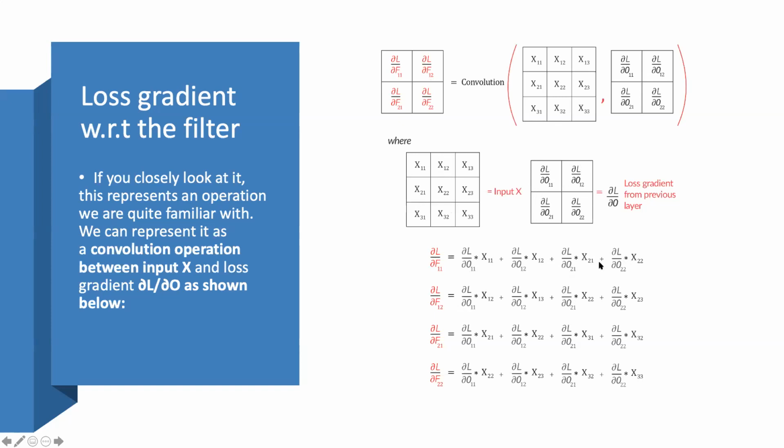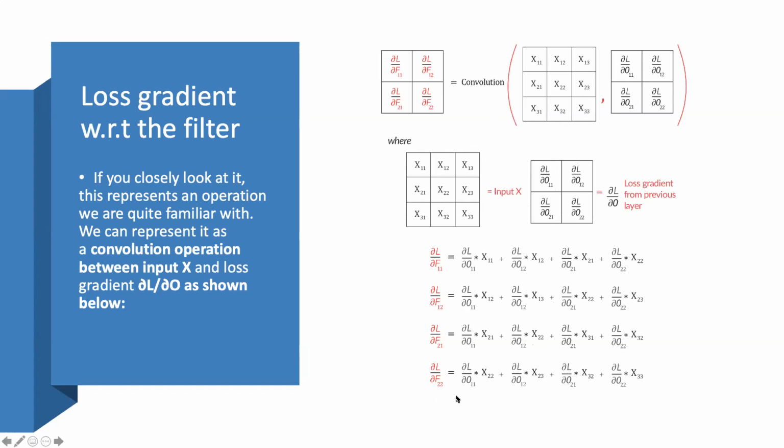And we can just multiply it with the portion of the input which F11 had affected. So basically, what are we doing here? Let's try to find a pattern. Let's go to F12. Similarly, F12 had been passed over this portion. So if we multiply this portion of the input with the whole gradient, because F12 had also affected the whole output gradient, then we can back propagate with respect to F12.